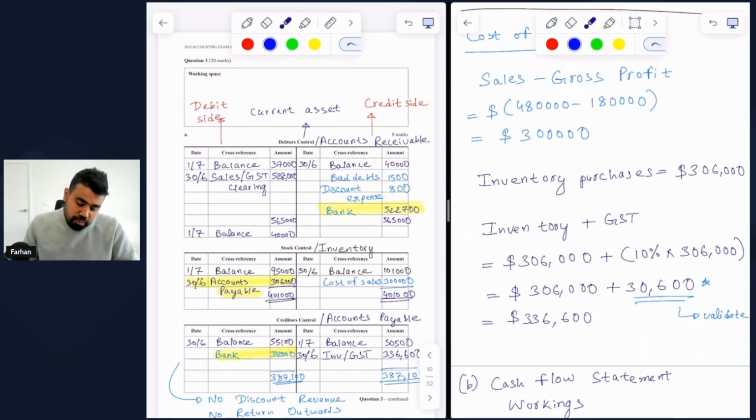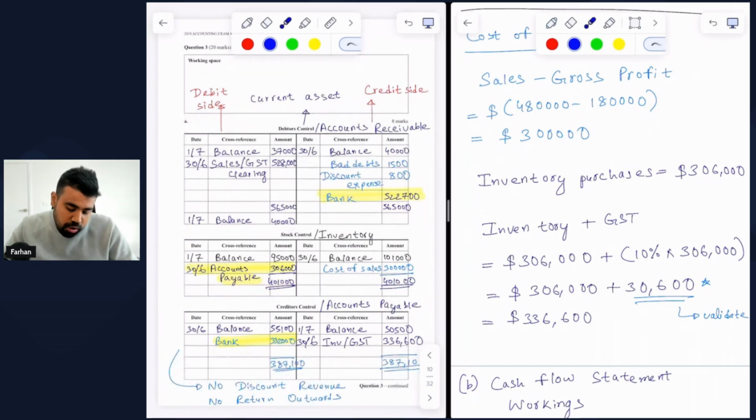Okay, so you can choose to bring the closing balance forward as the opening balance if you want. Again, this is not required during the reconstruction. Next, we have creditors control, which is known as the accounts payable, and they are relevant to inventory in the sense that the more inventory you purchase on credit, the higher your accounts payable are going to be.